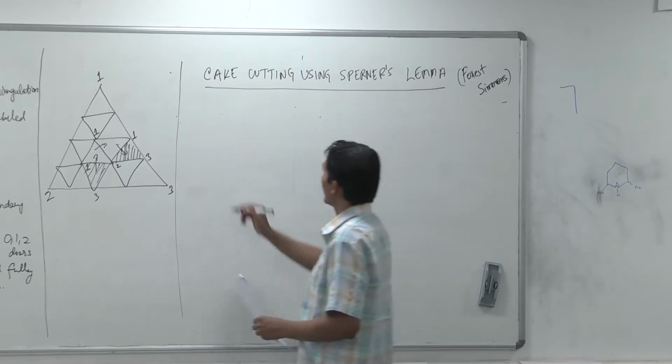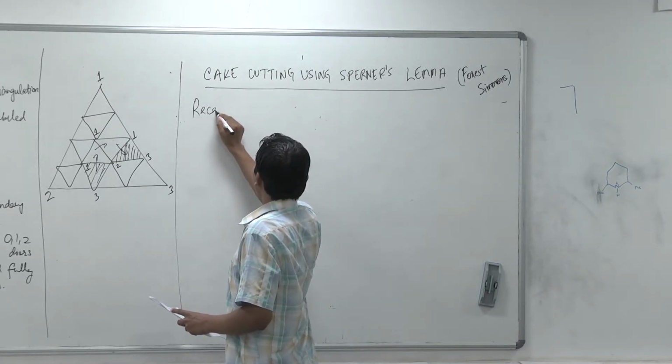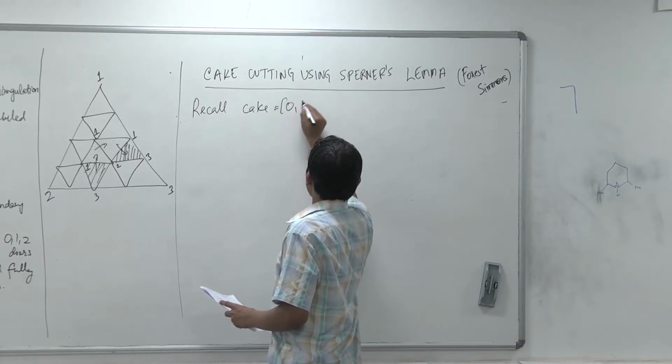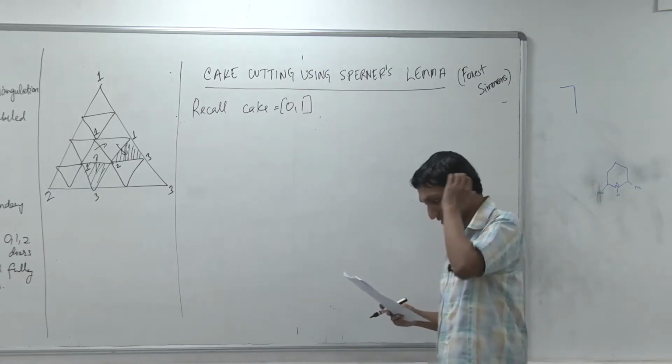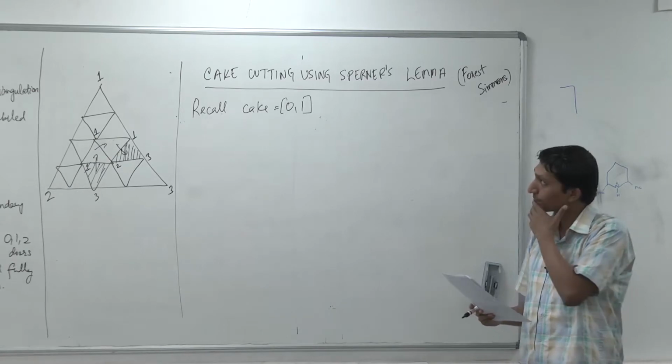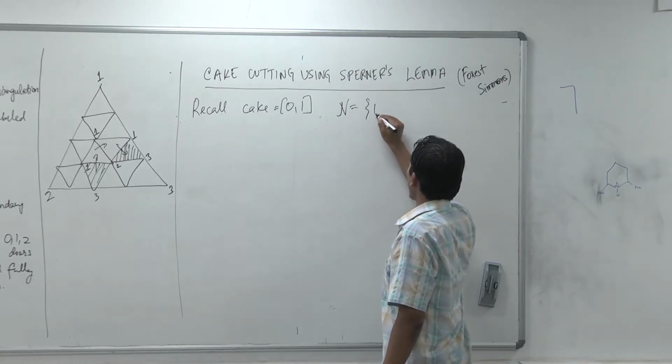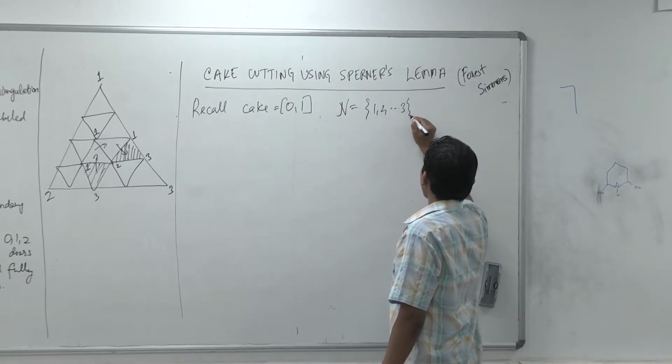Okay, so cake cutting. So recall that a cake was this very dull 0-1 interval for us. And there was a set of agents.